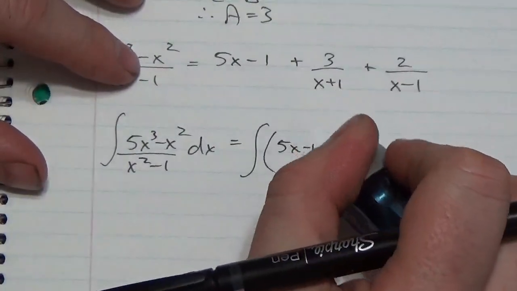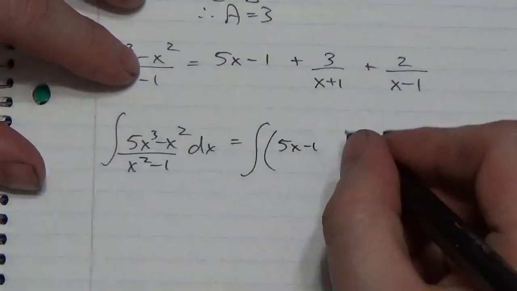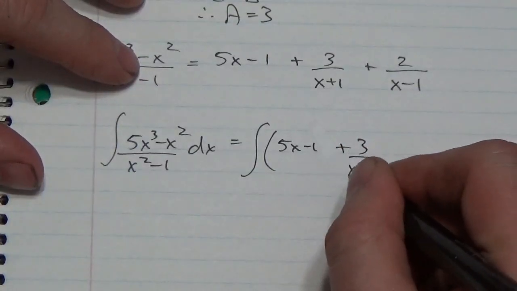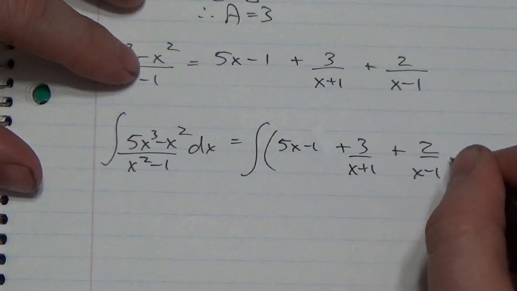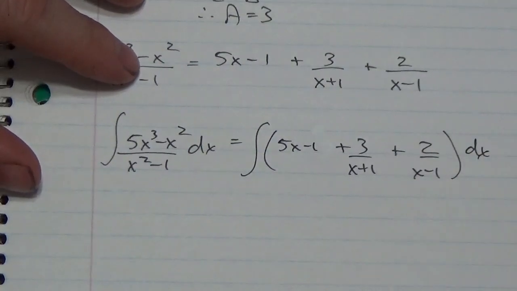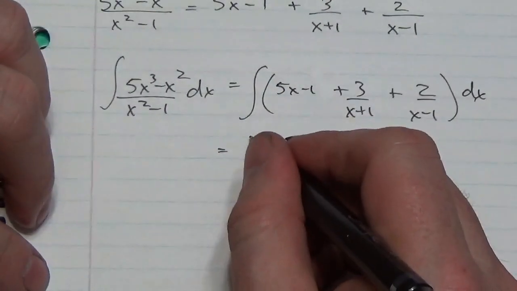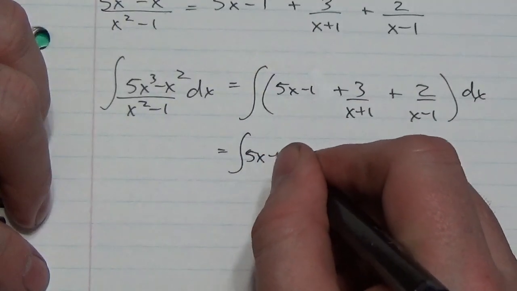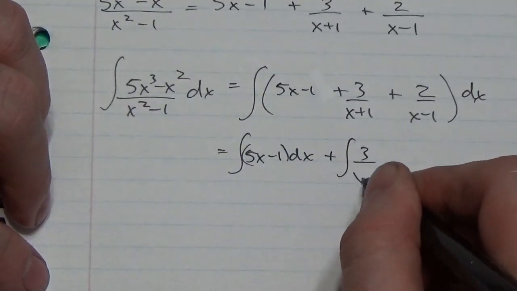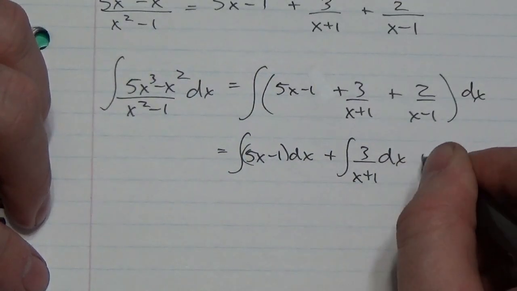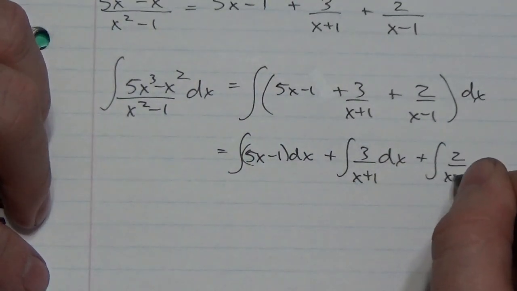I would then split this all up into three different integrals, the integral of (5x - 1) dx, plus the integral of 3/(x + 1) dx, plus the integral of 2/(x - 1) dx.